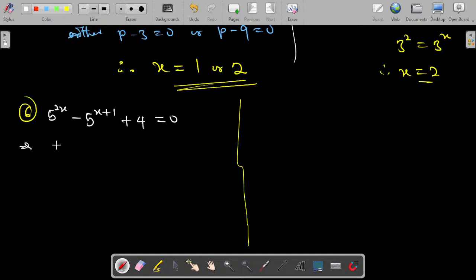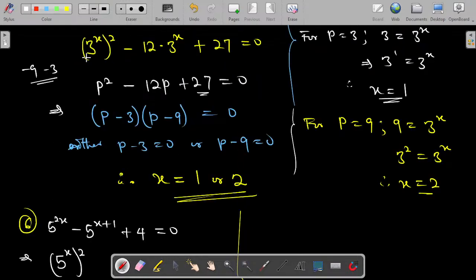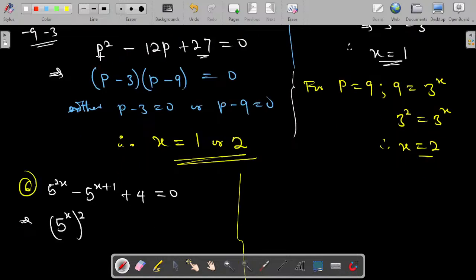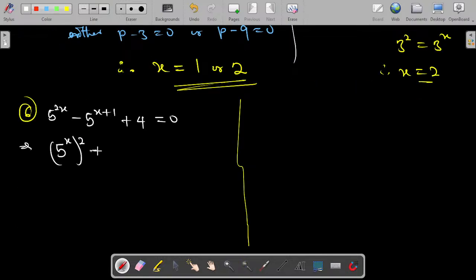You can already see 5 to the power of x here. So that means I should put that in a bracket and raise it to the power of 2, just as I did up here. Then this is going to be minus 5 to the power of x, and if I follow that same rule of multiplication, this will now be times 5 to the power of 1. Then I'll bring down my plus 4. Everything is equal to 0.